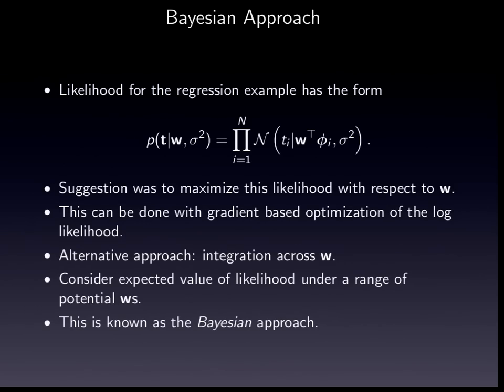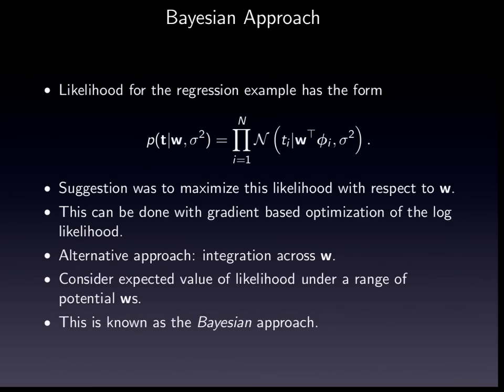The maximum likelihood perspective was to take this function, look at the negative logarithm of it, call it an error, minimize it, and find a point estimate for W. The Bayesian perspective is different. We integrate across W. Now this is very interesting because to optimize, what do you need of this log likelihood?